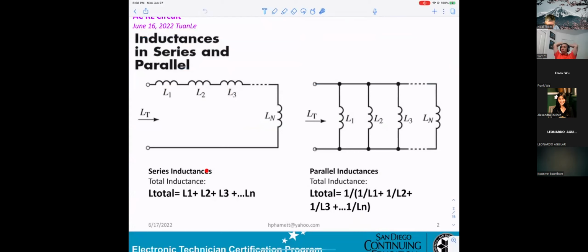Inductance in series, calculate the total exactly like resistance. Parallel will be the same as resistance too.